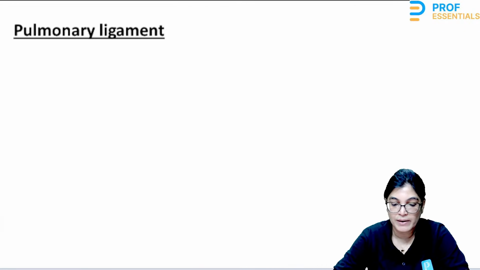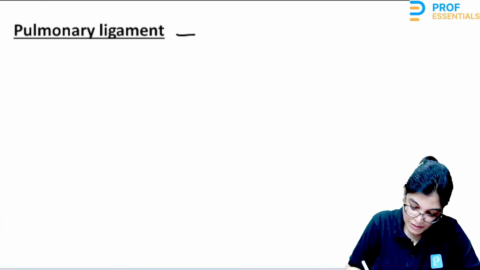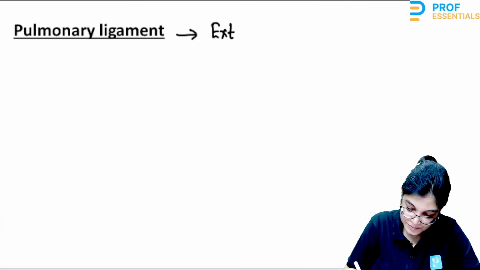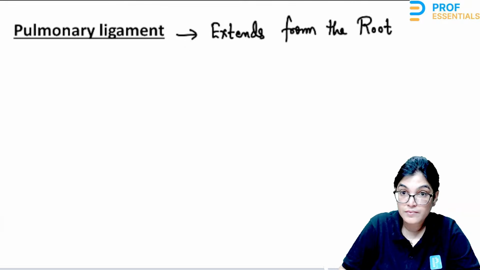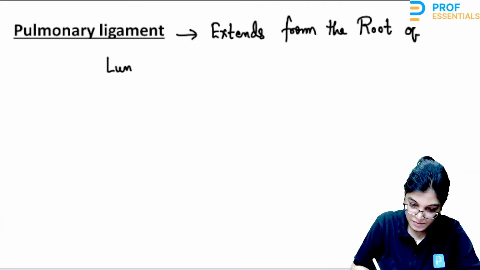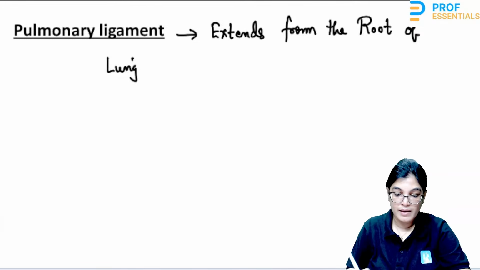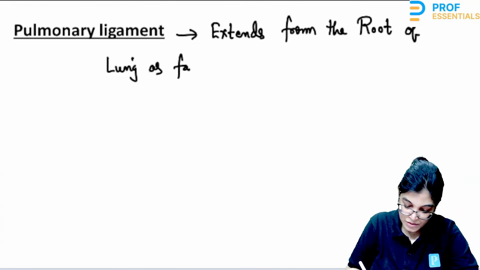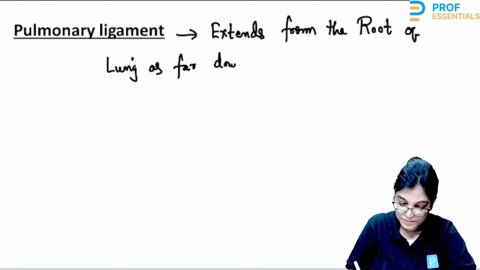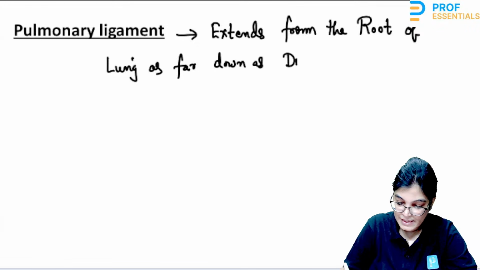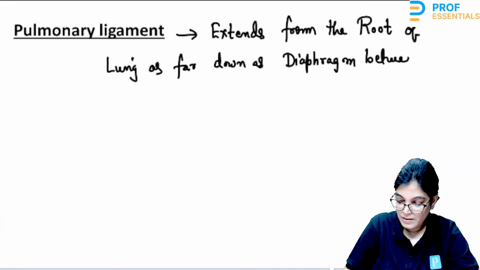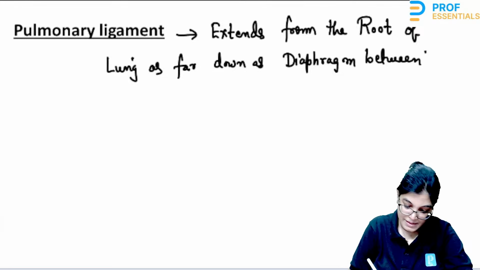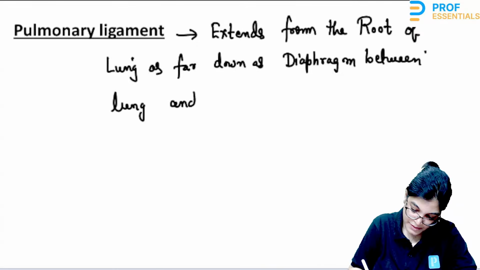So the pulmonary ligament extends from the root of lung as far down as the diaphragm, between the lung and the mediastinum.